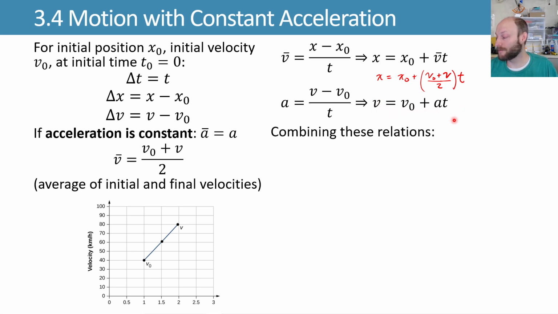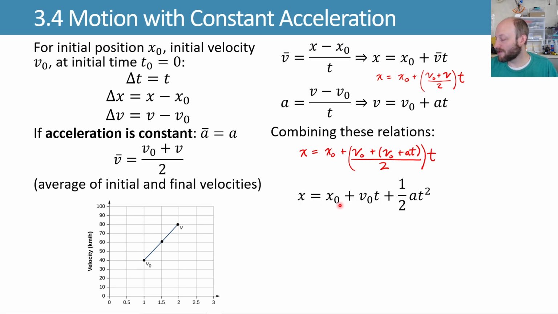We can combine these further and say, look, in this top one, I can plug in my final velocity so that I don't have to evaluate these separately and combine them later. So plugging that in, we get this relationship here, which can be simplified a little bit by combining the v naughts and expanding these terms, and you get my final position is initial position plus initial velocity times time plus 1/2 the acceleration times time squared.